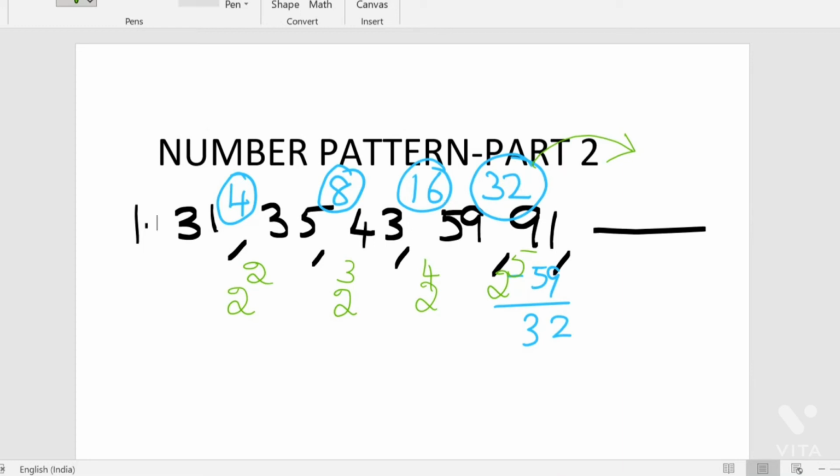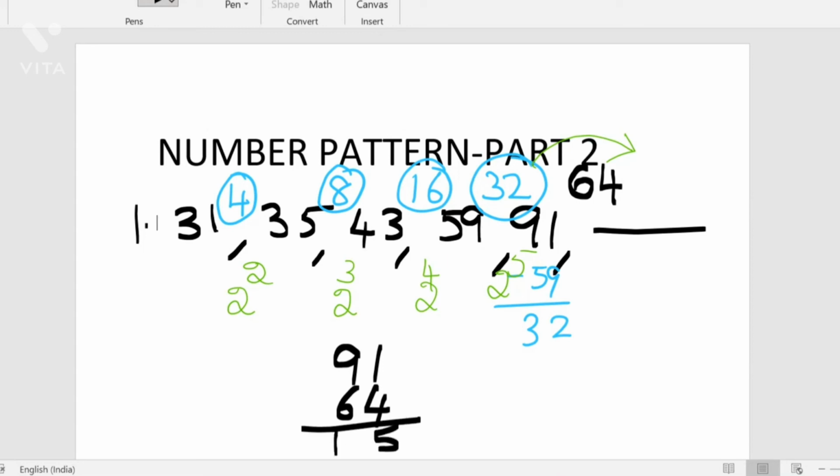So the next step, what are we supposed to do? The next difference is 32 plus 32, it should be 64. That means to 91 we should add 64. So what should be the answer?